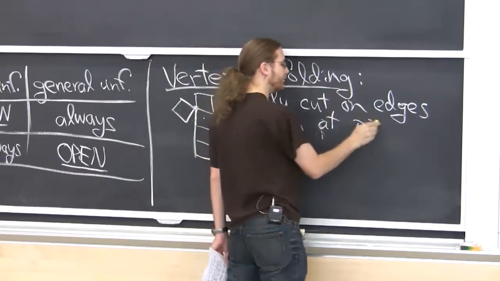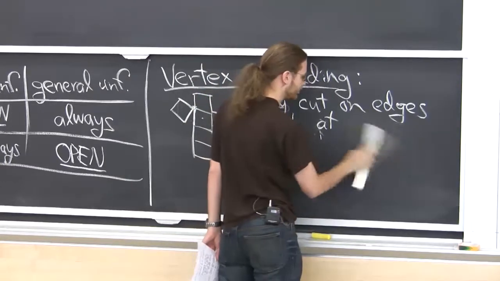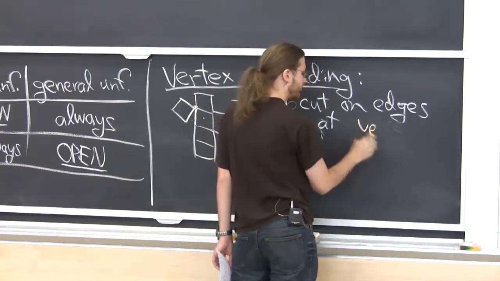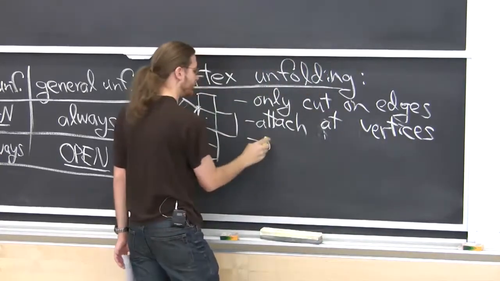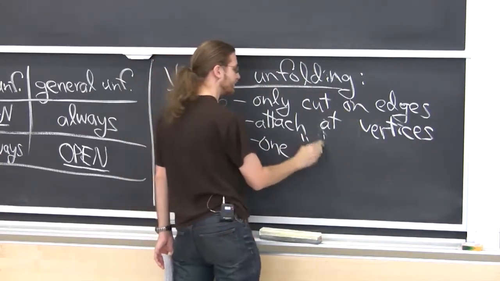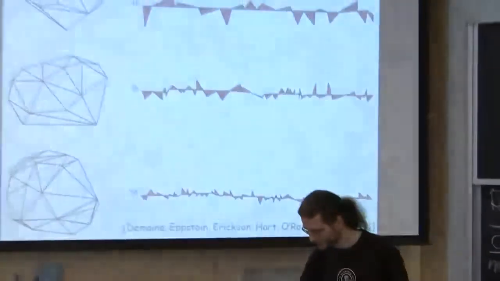To make one, quote, piece at vertices. So we still want one piece. So this is vertex unfolding, and it's always possible.